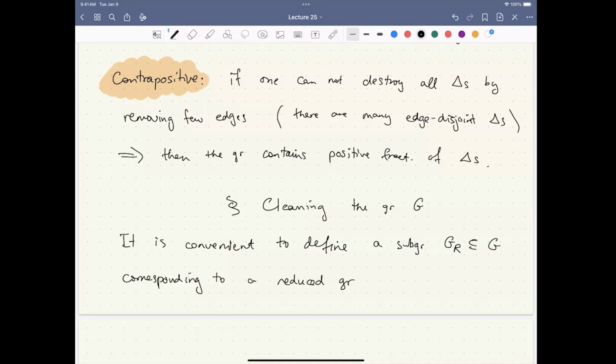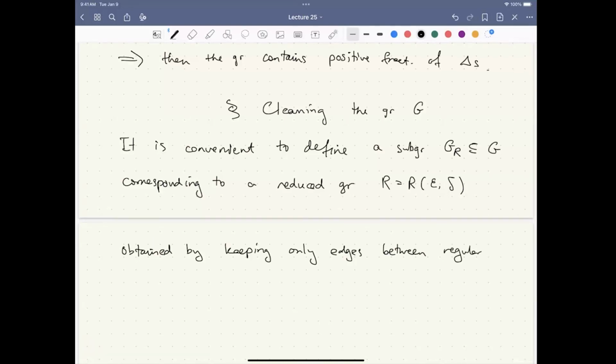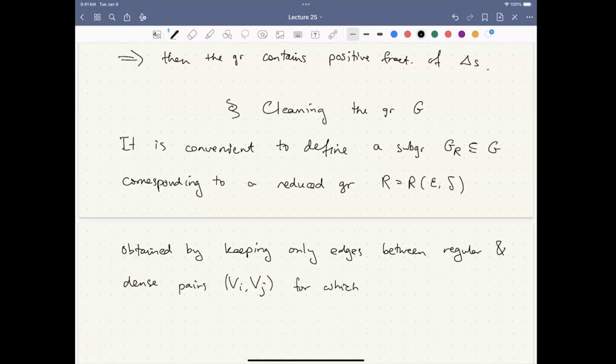It is obtained by keeping only edges between regular and dense pairs V_i, V_j for which we have an edge in the reduced graph.